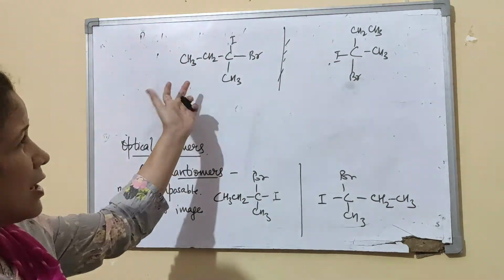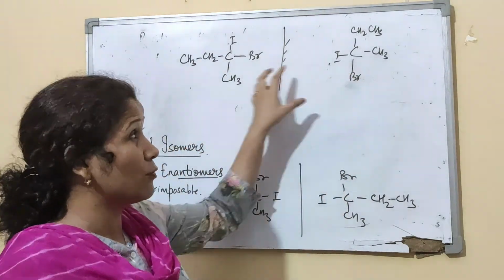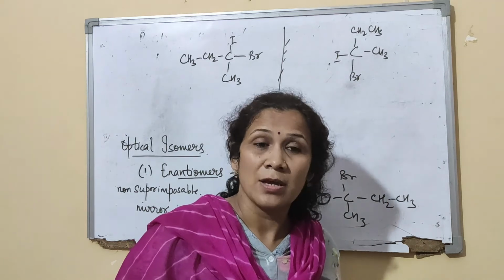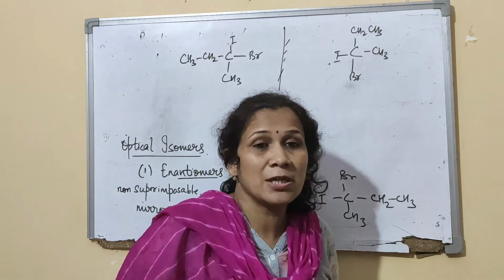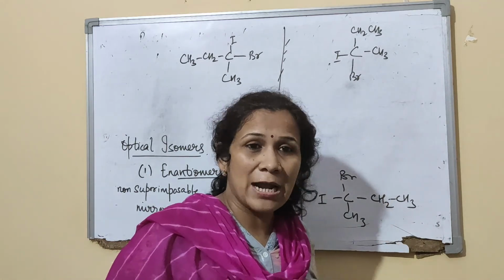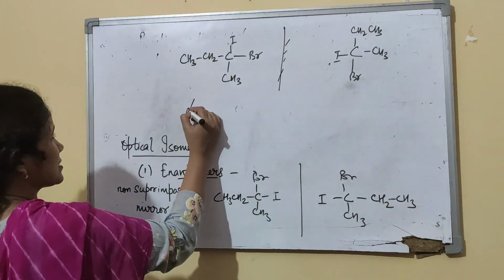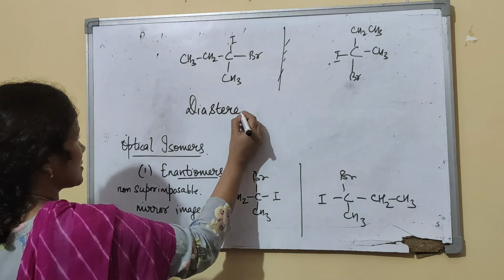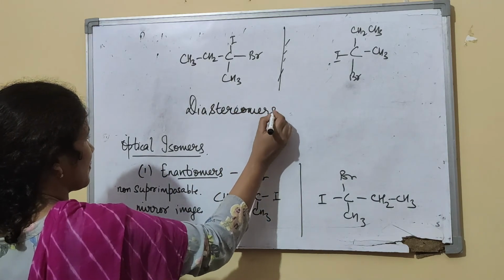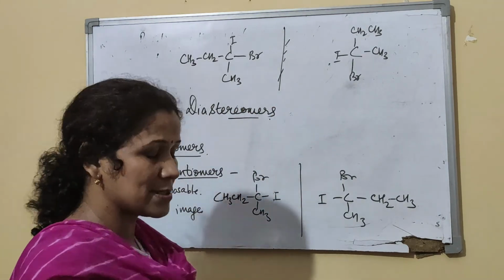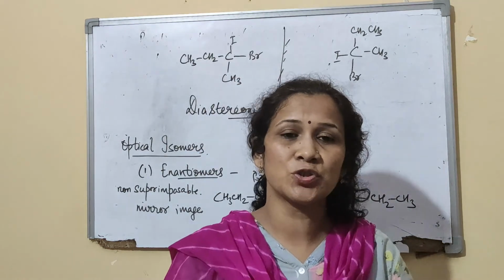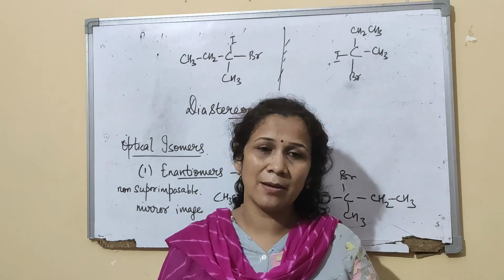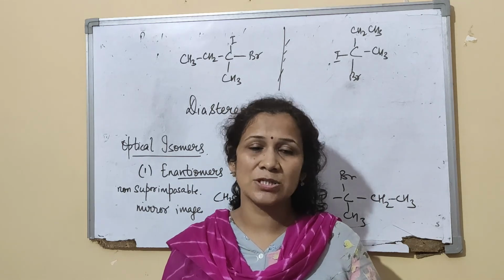They are not mirror images. But the formula is the same, and they are showing different optical activity. So they are optical isomers, but they don't have any mirror relation. So that type of isomers will be known as diastereomers. Those examples which do not have any mirror connection between them, we call them diastereomers.